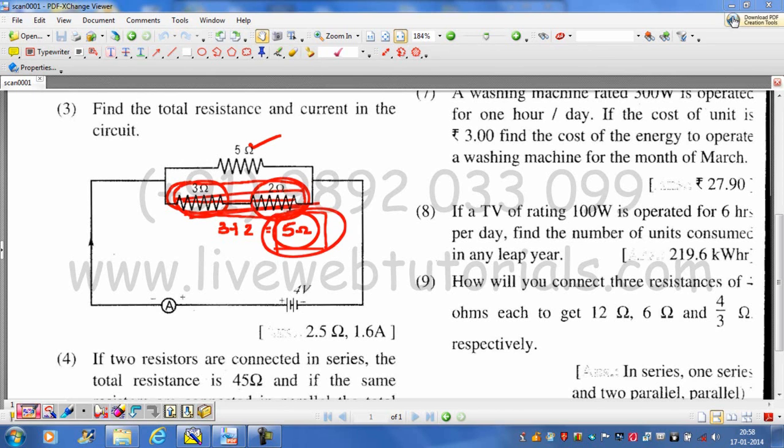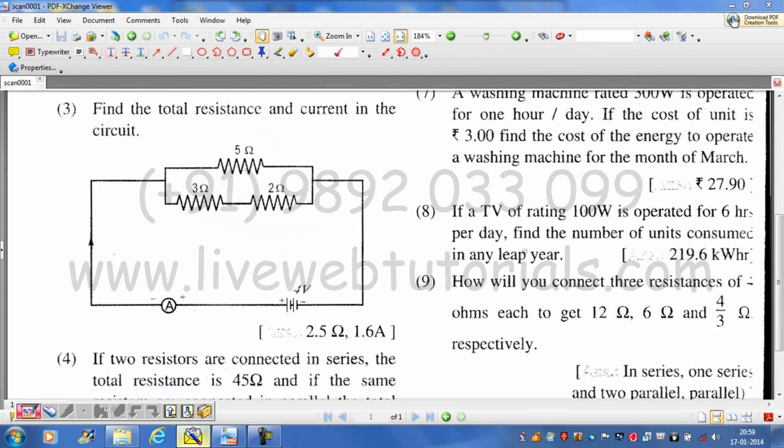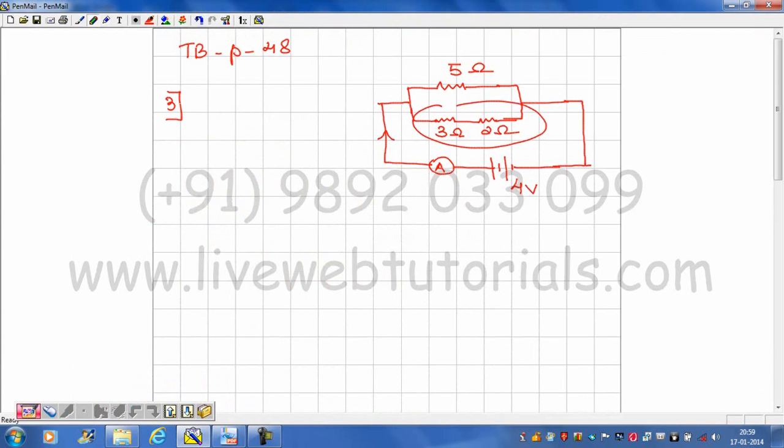Now this 5 ohms and this 5 ohms, both of them are in parallel. So I can find the resistance by using the formula for parallel. Alright, so we will just find that parallel resistance. Okay, this has given me 5 ohms, and this 5 ohms and this 5 ohms, we are going to find it in parallel. So I'm going to use the formula for parallel. 1 upon Rp is equal to 1 upon R1 plus 1 upon R2.